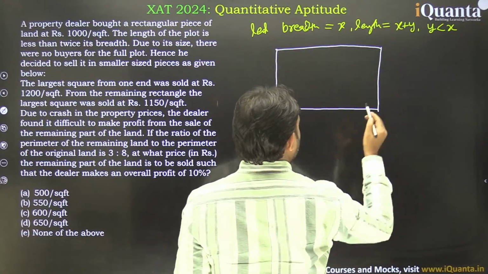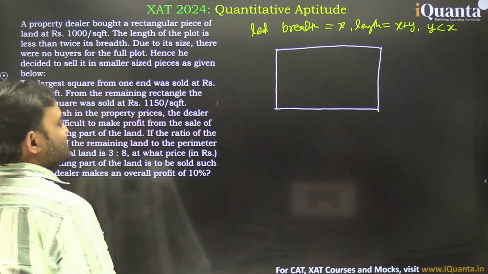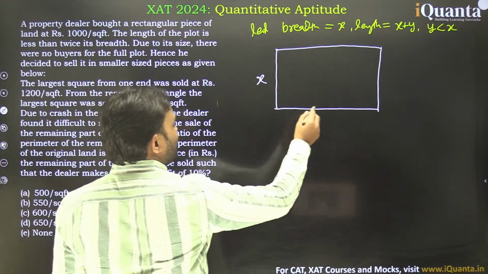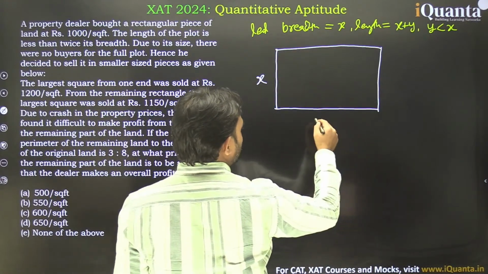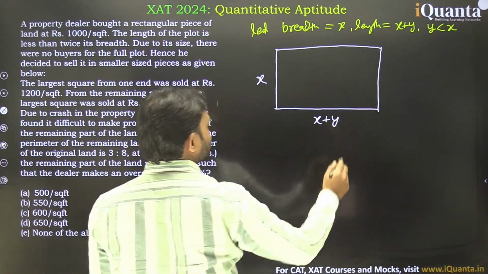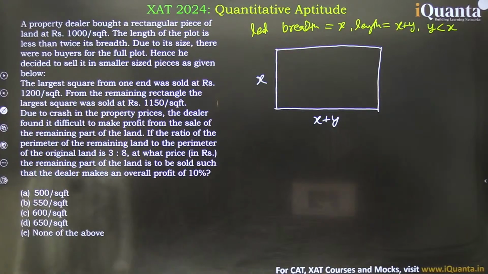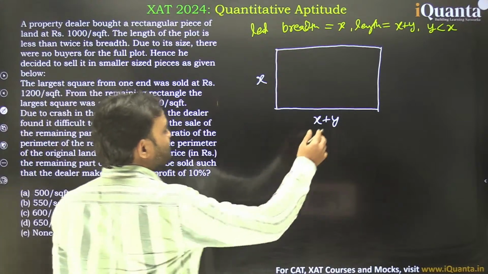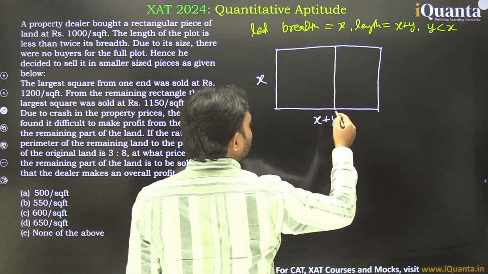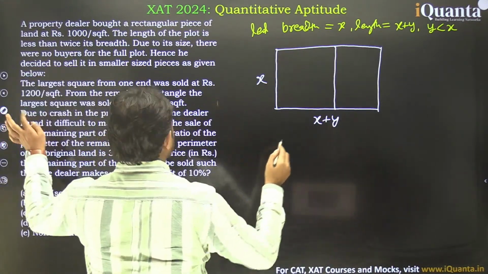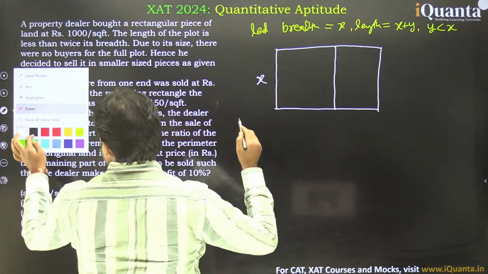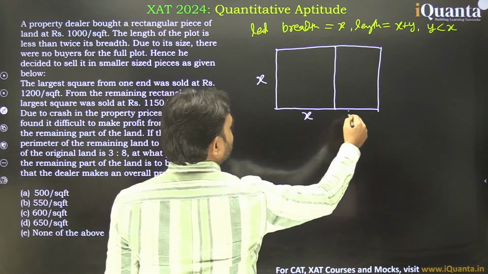So this is x and this is x plus y. Now it says the largest square from one end was sold. So the largest square that we can achieve here will be this one, where if this is x, this will become x and this will become y.